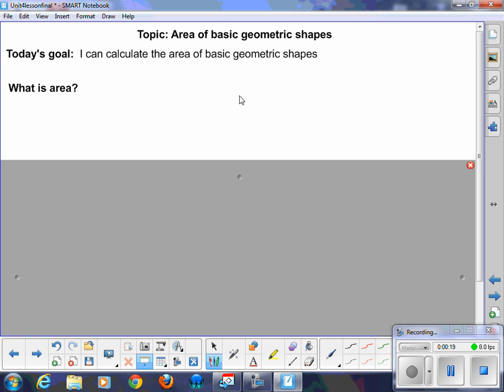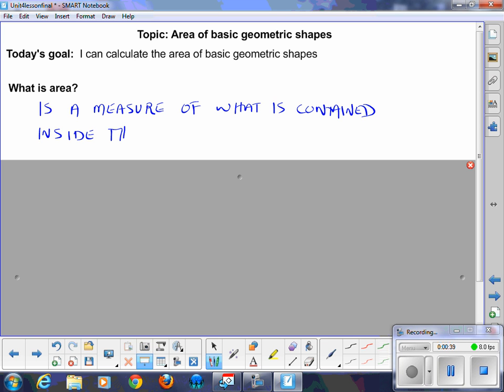Area is a measure of what is contained inside the perimeter of a shape. So we've been talking about perimeter the last couple days, and now we're looking at what's inside the perimeter.